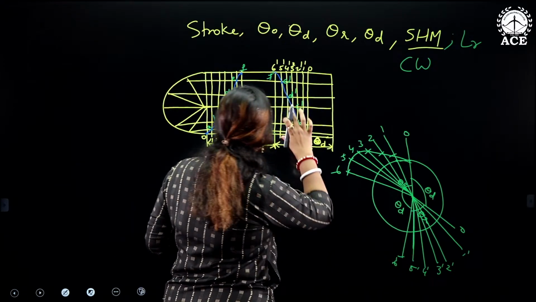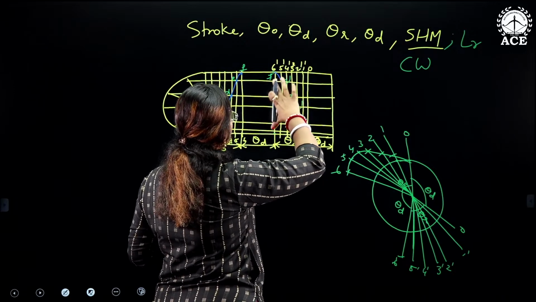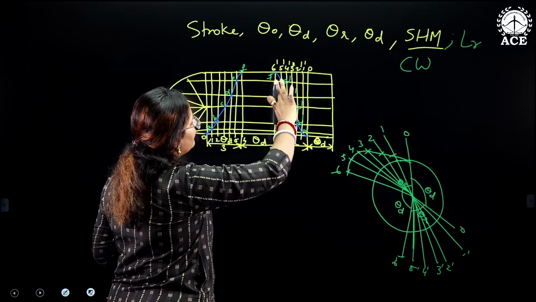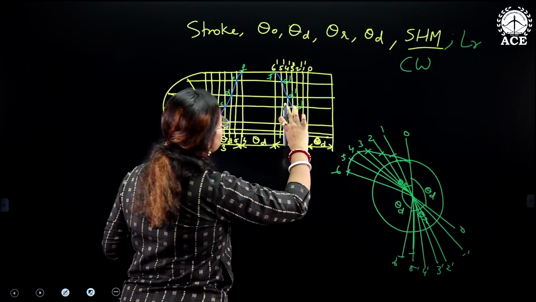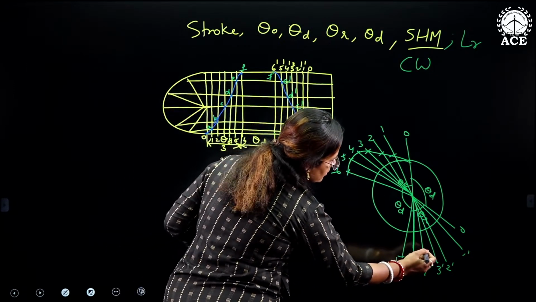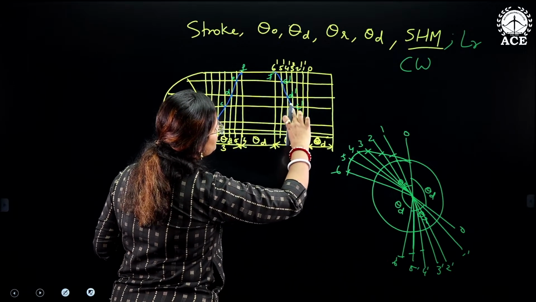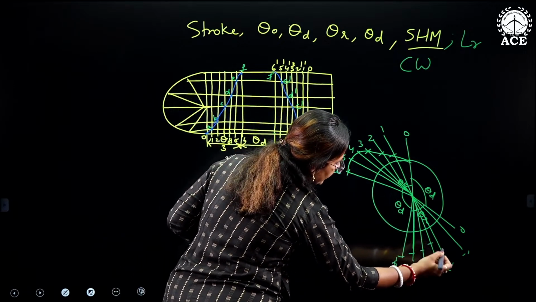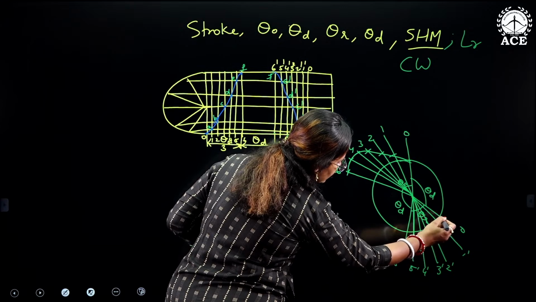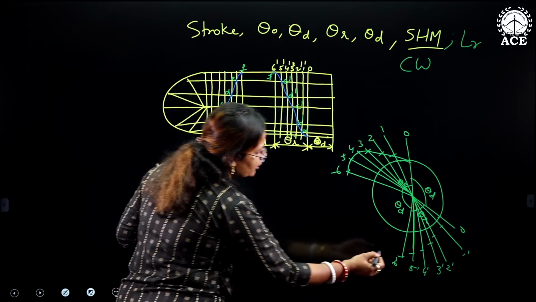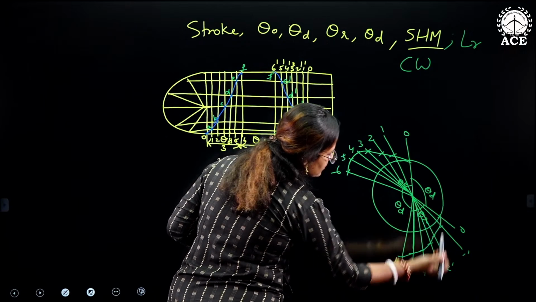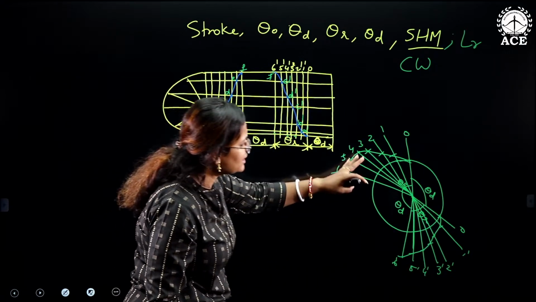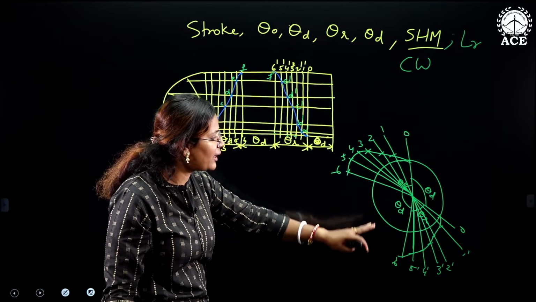Then from here to E, it will reduce a little, then from here to D, then here to C, third line, second line, first line and 0 here. So here also you will get another curve like this. This is nothing but the deciding factor of the cam profile.